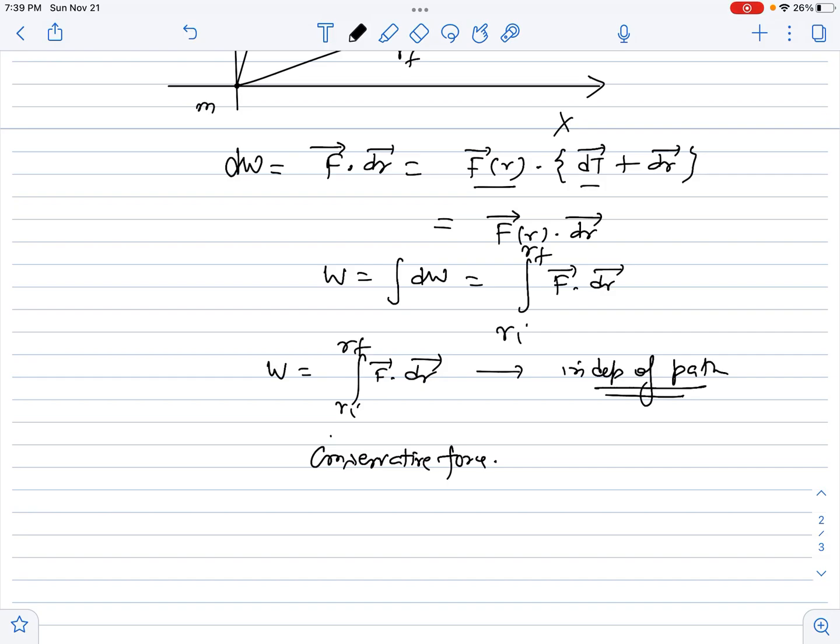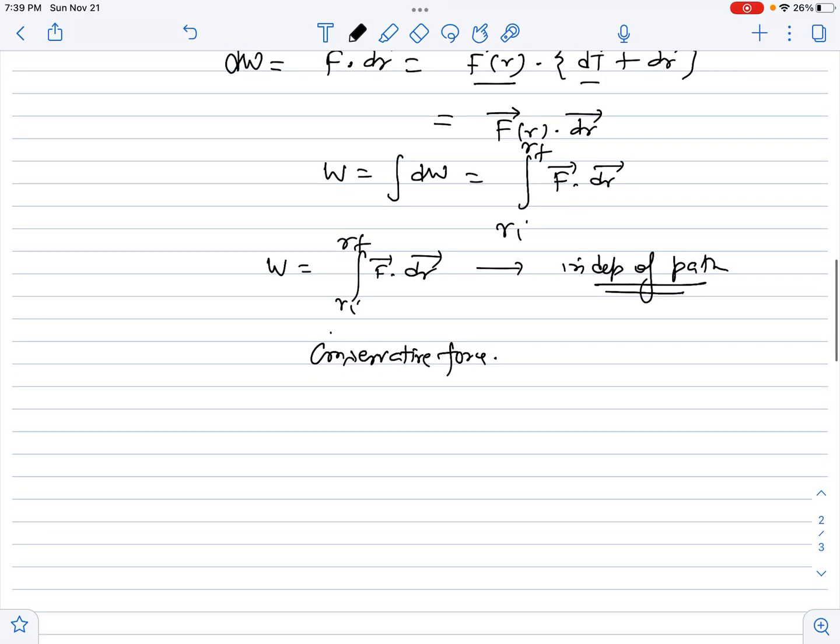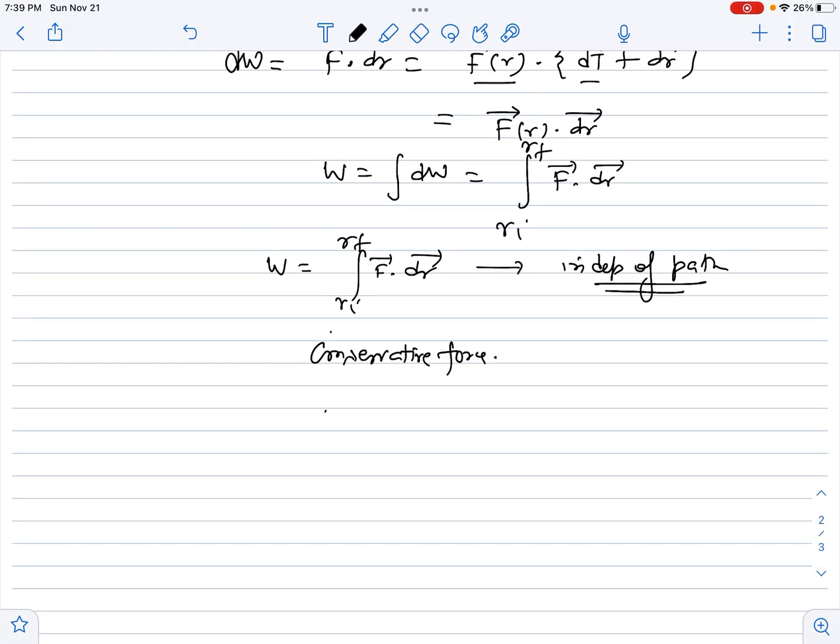Now, can we find the potential energy function from here? In terms of calculus, dW is equal to F dot dr, the displacement in the radial direction. For a conservative force, you know it very well: if it does positive work, it loses some potential energy, and if it does negative work, it gains some potential energy.